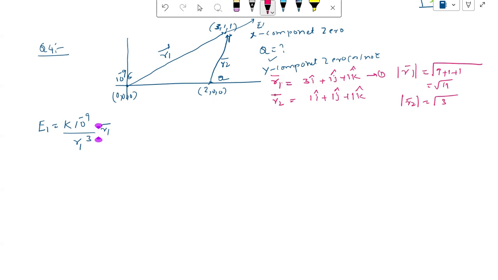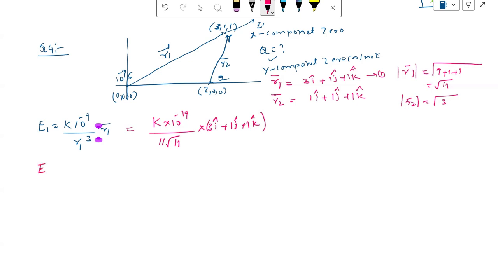So now the E value by the charge is equal to K into 10 to the power of minus 9 by R1 cube, so this R1 is root 11, therefore 11 root 11, into 3 I cap plus 1 J cap plus 1 K cap.